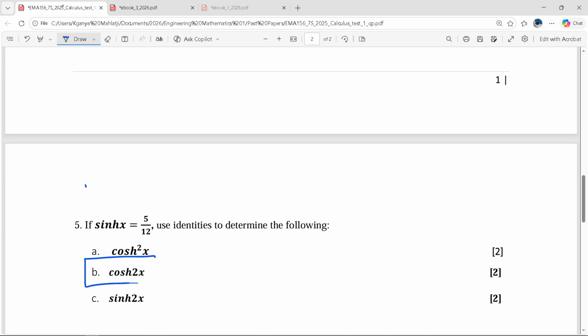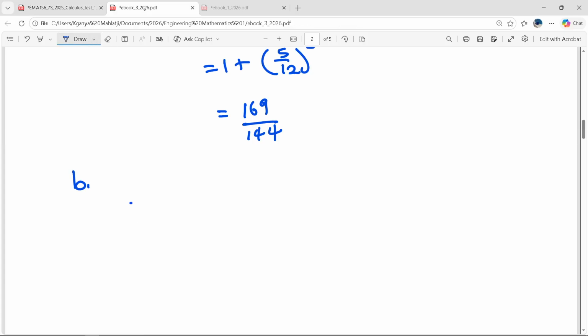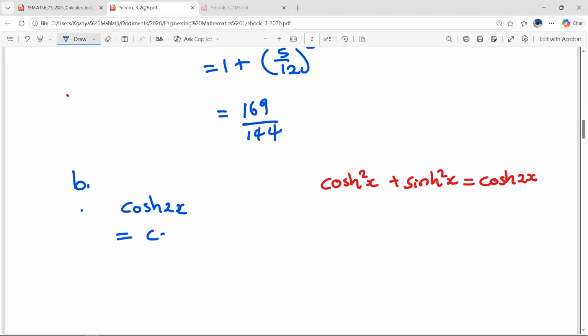Number B is this one. They want us to find cosh 2x. Cosh 2x equals the identity I just wrote down earlier: cosh squared x plus sinh squared x equals cosh 2x.